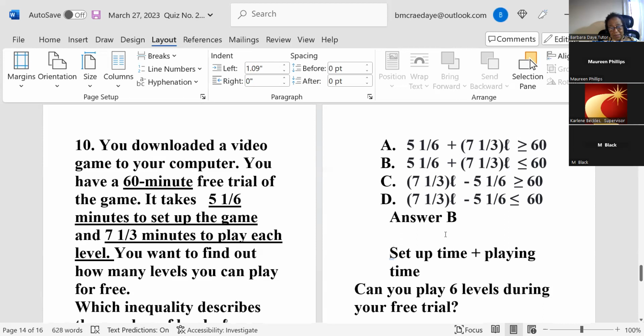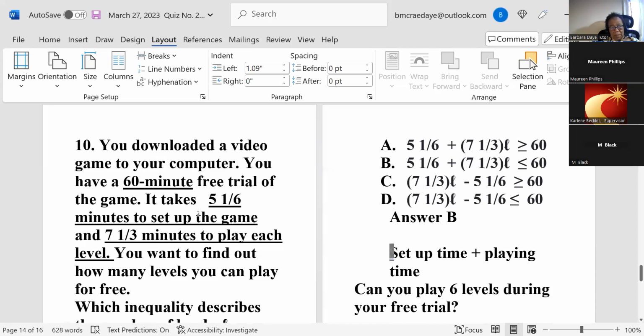So A and B are your only possible answers because they show setup time plus playing time. And the playing time is based on minutes per level times the number of levels.